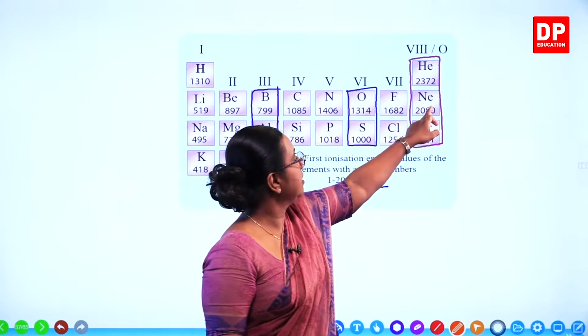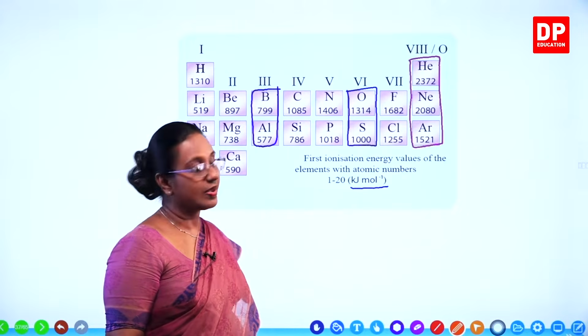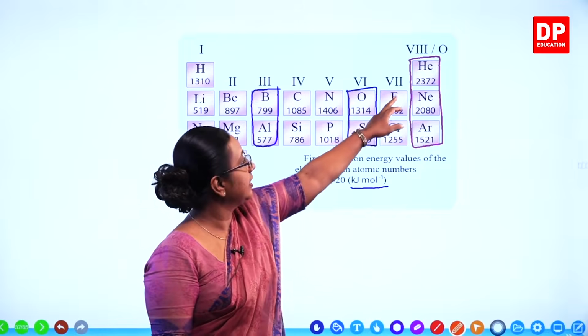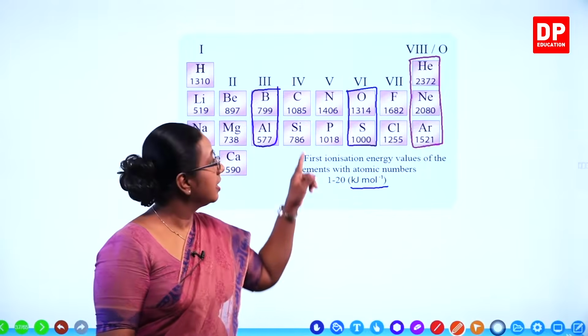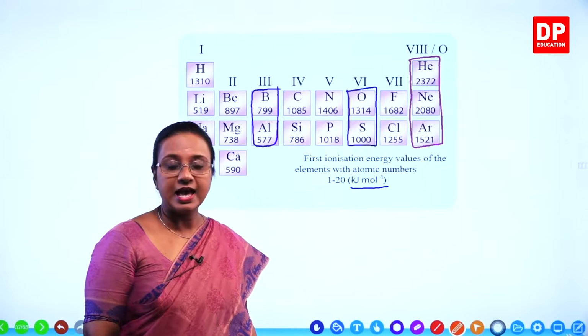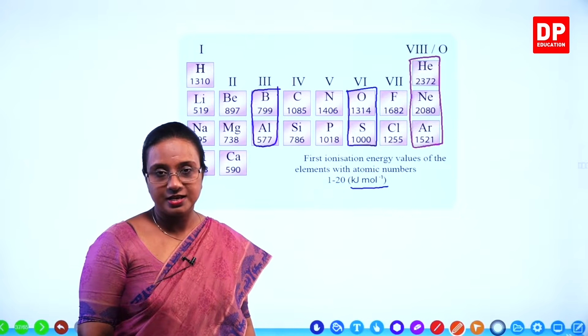Second period, neon is the highest value. Third period, argon is the highest value. Even in the first one, helium is higher than hydrogen. So that means group 8 elements have the highest first ionization energy.